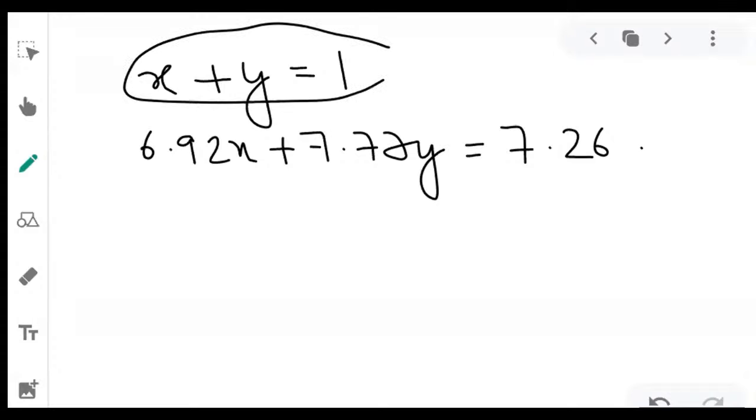We'll do this easily. Multiply the first equation completely by 7.26. Sorry, by 6.92.